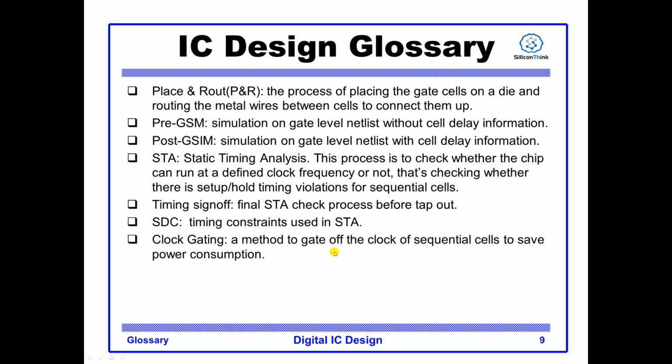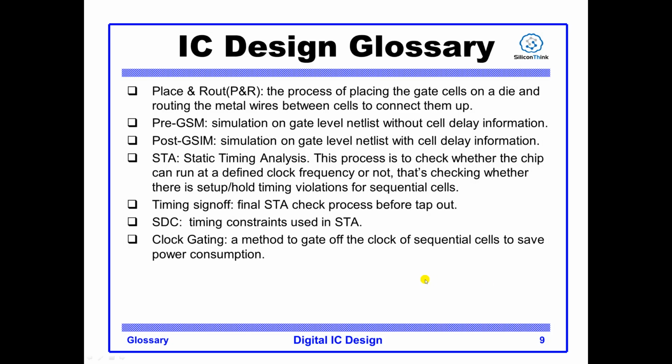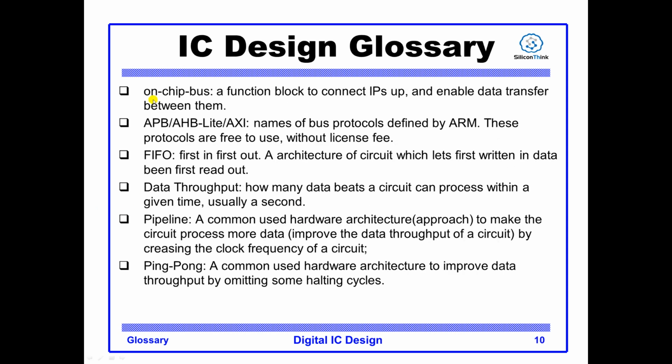Clock gating is a method to turn off the clocks of sequential cells to save power.